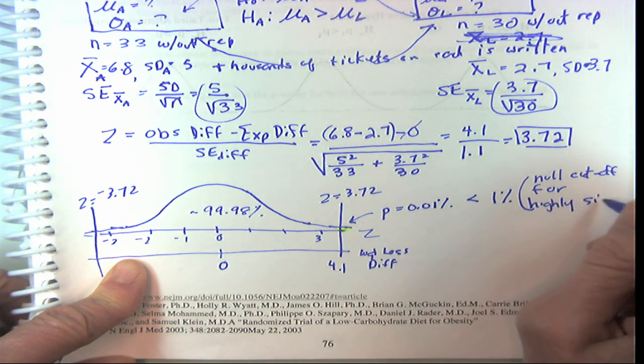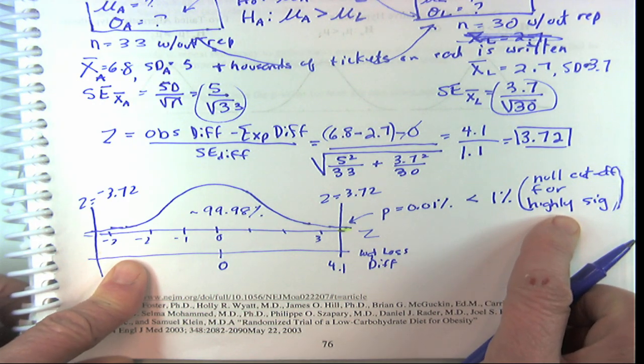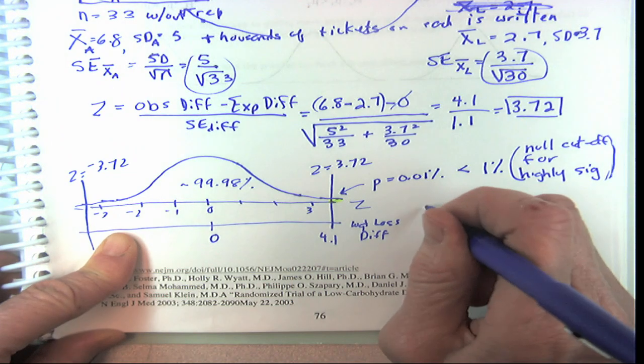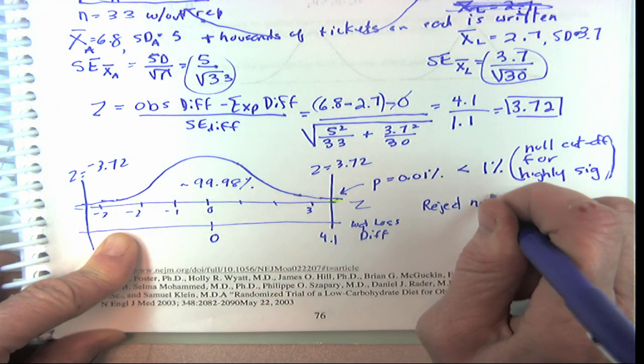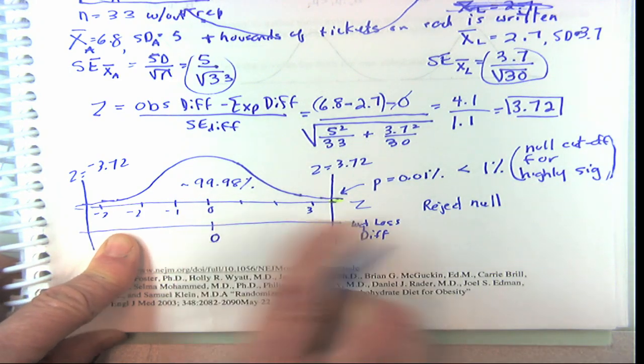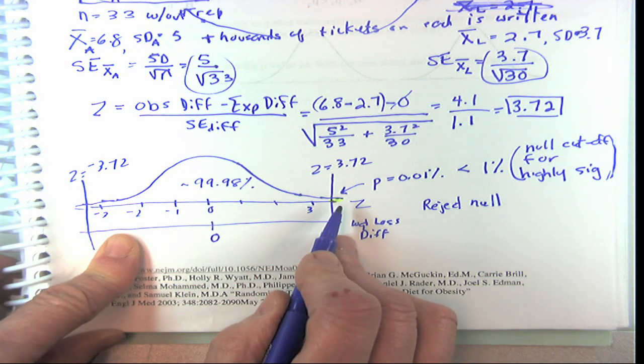So these are very significant results. We would reject the null, that they're the same, because it's only going to happen 1 out of 10,000 times. That's well beyond a reasonable doubt.